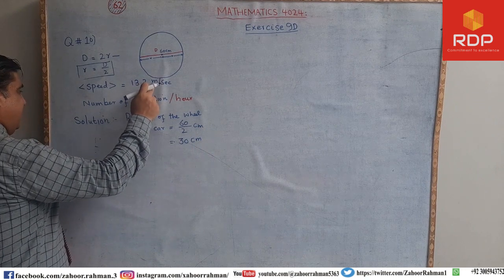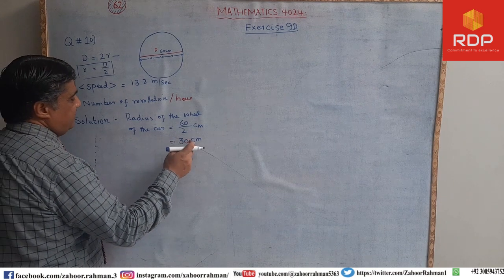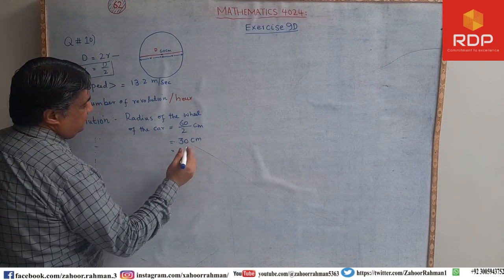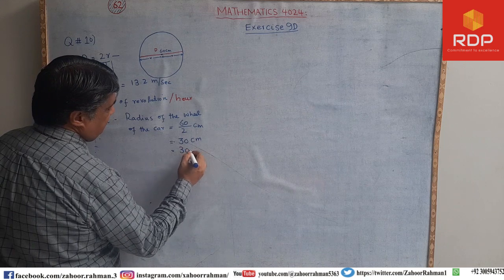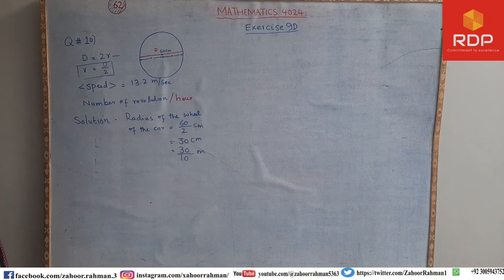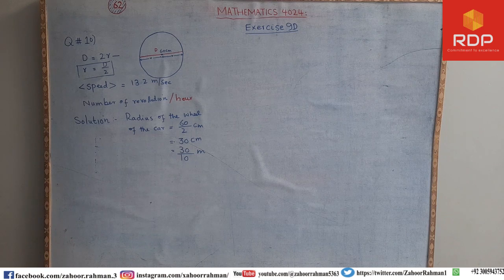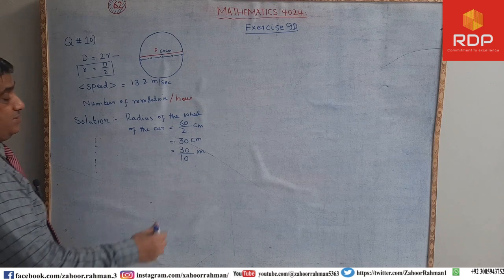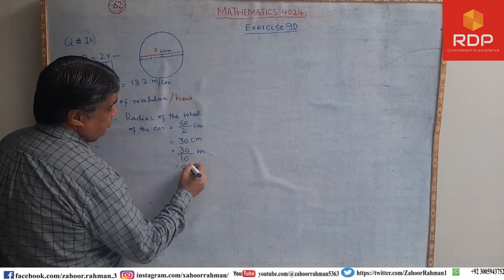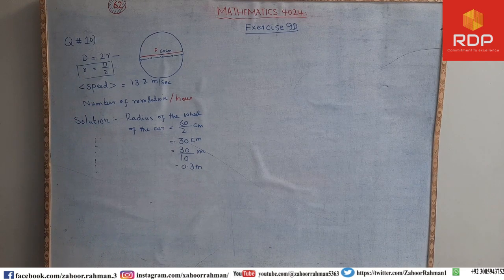But because we are finding the whole scenario in meters, we have to convert this to meters. To remove centimeters, we divide by 10 raised to the power minus 1, and when it goes down it becomes positive. So 0.3 meters will be the radius of the wheel of the car.